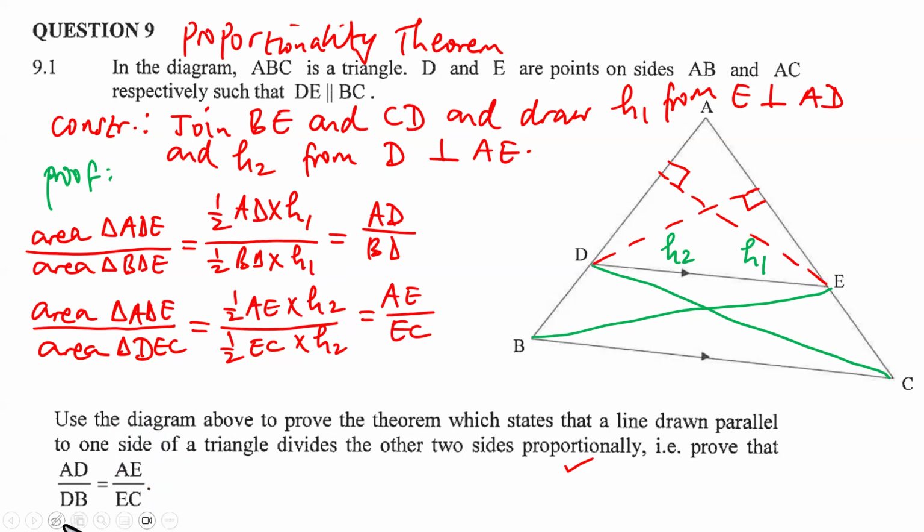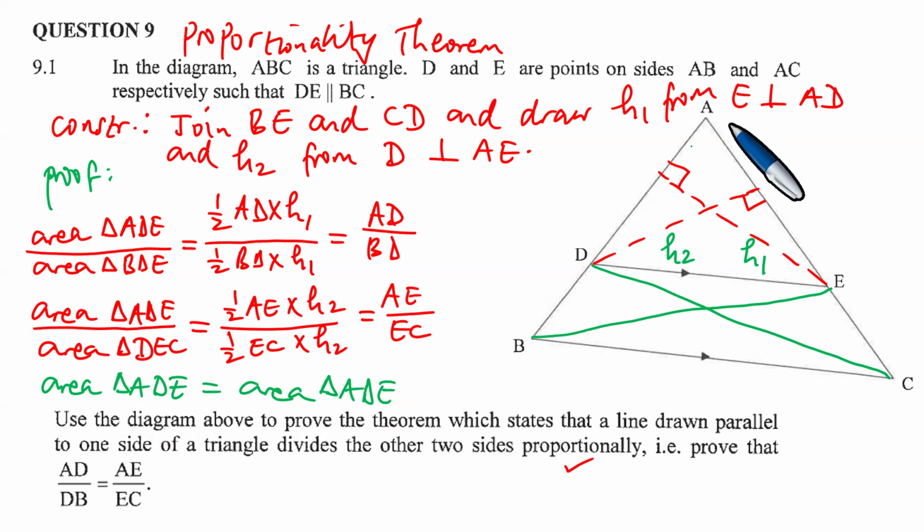In the end, what are we able to achieve here? The area of triangle ADE is equal to the area of triangle ADE, because we approach this in different ways.